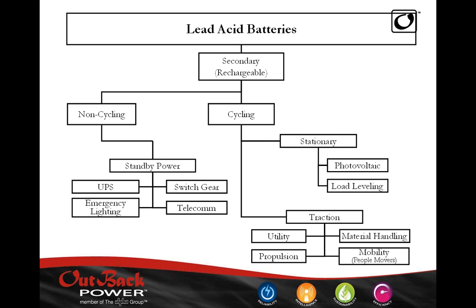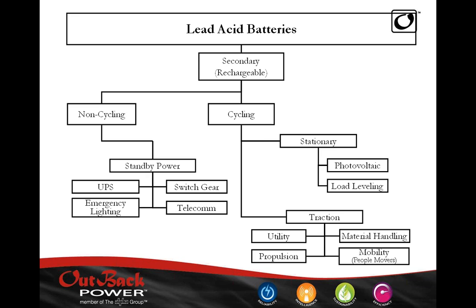And in an application where the batteries are going to be used daily, like say an off-grid or standalone application, the chosen batteries have to have very good cycle life. So here we have two very different applications and two different batteries that we would want to use. On the one end, for a non-cycling application, we'd want to use a battery that can be on a trickle charge or a float charge for a long time, let's say 10 years, 12 years.